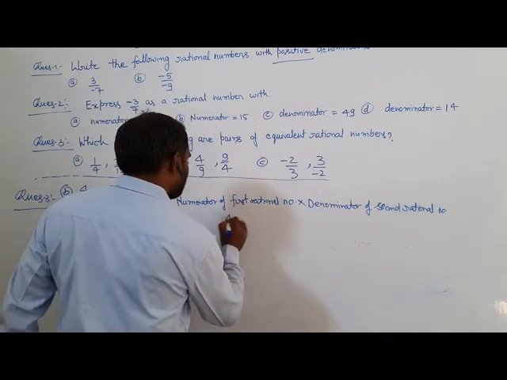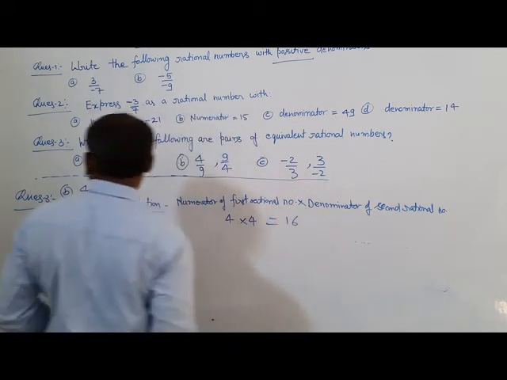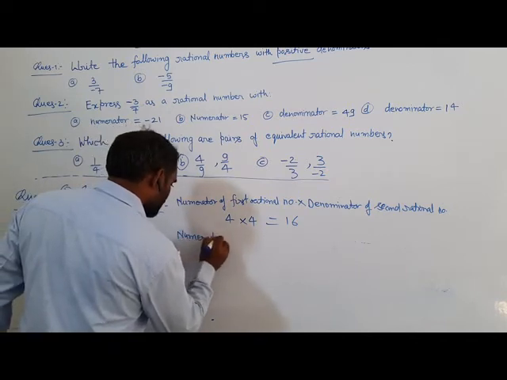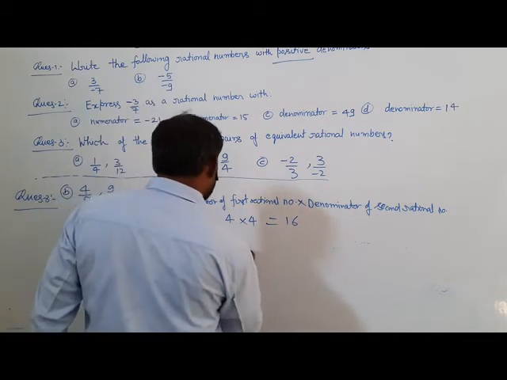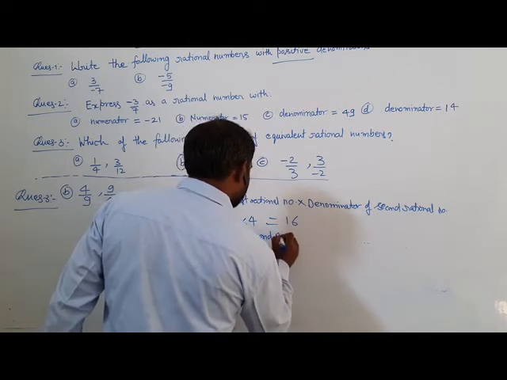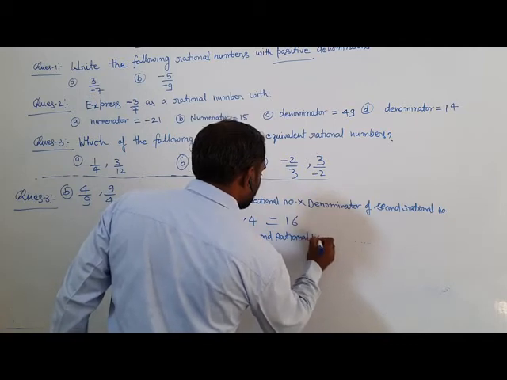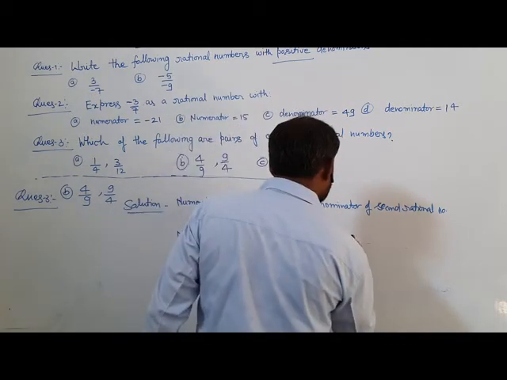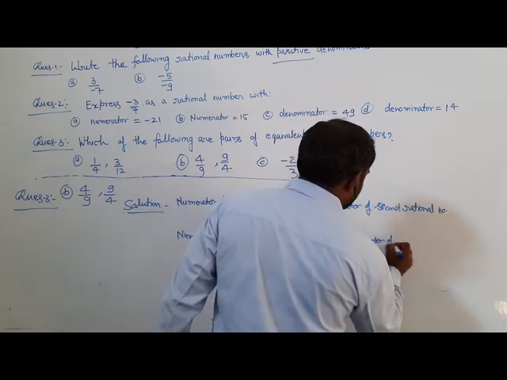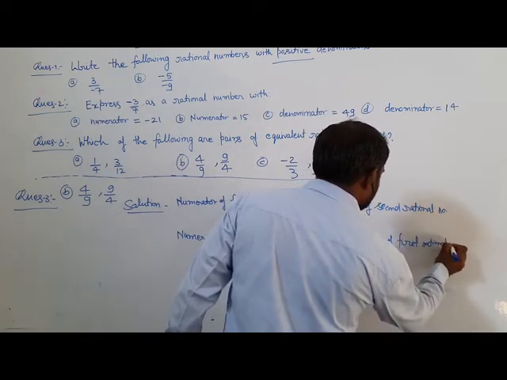Numerator is 4, denominator is 4, 4 fours are 16. Now numerator of second rational number into denominator of first rational number.